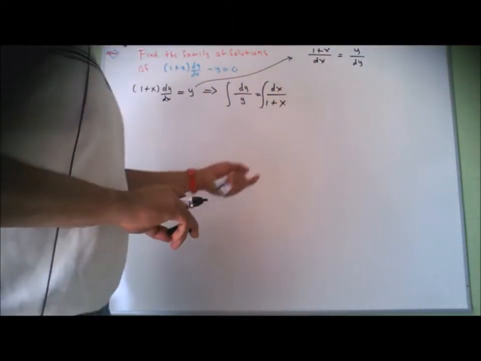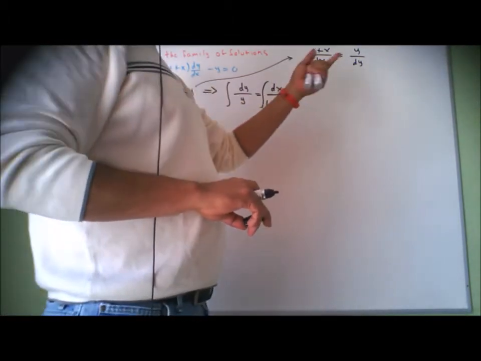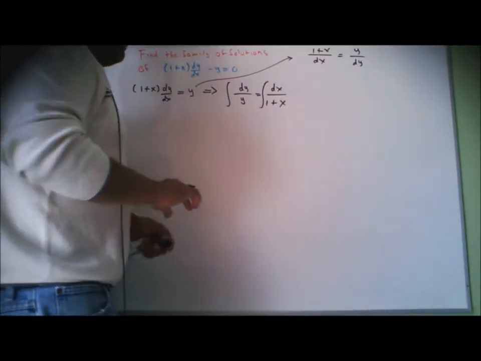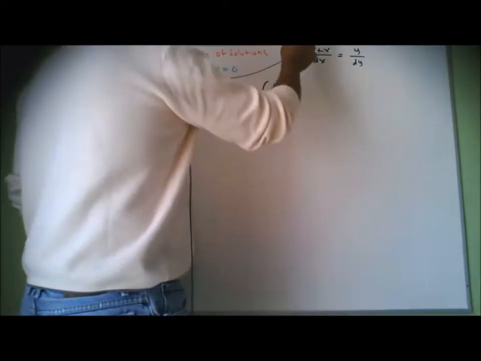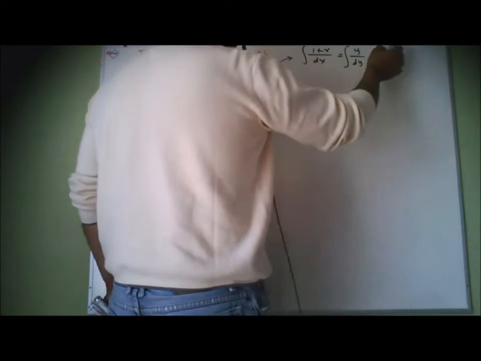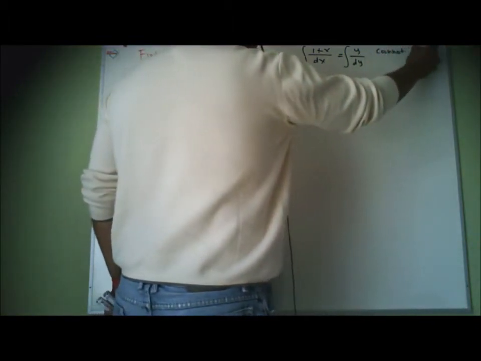It doesn't matter if the y is on the right and the x is on the left. But we have a problem here. Even though the variables are separated, you cannot solve it, because if you apply the integrals, these integrals cannot be solved. Why can't those integrals be solved?